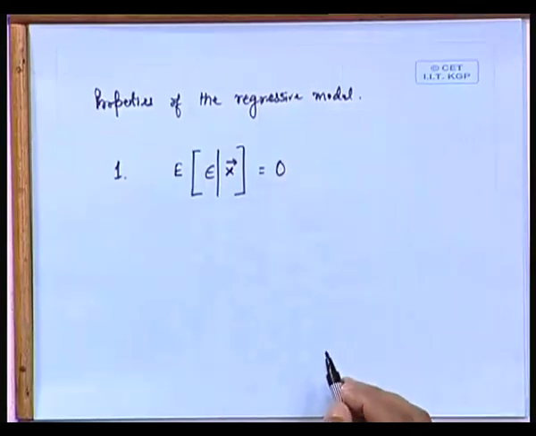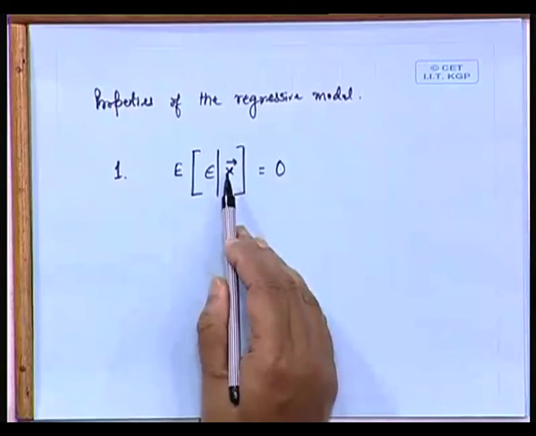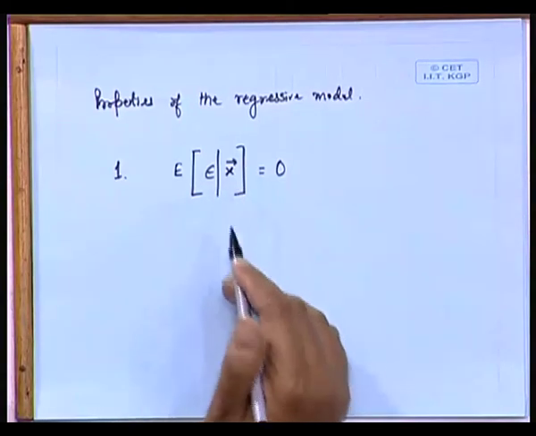That is the first property of the regressive model.